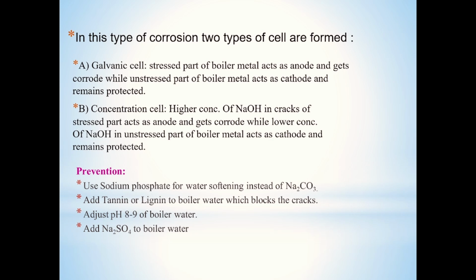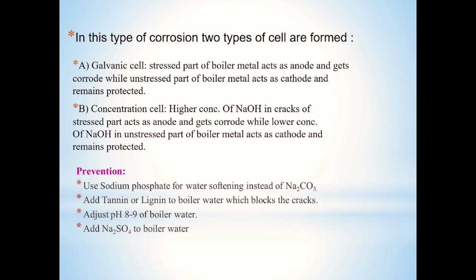In the concentration cell, the higher concentration of NaOH in the cracks of the stressed part acts as anode and gets corroded, while the lower concentration of NaOH in the unstressed part acts as a cathode and remains protected.